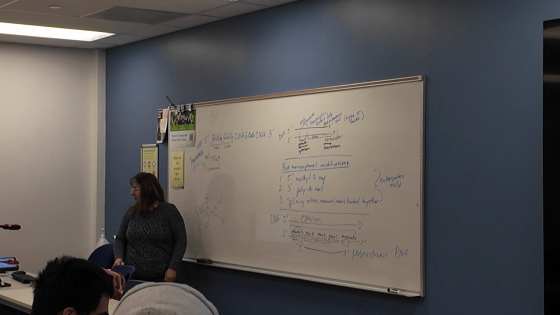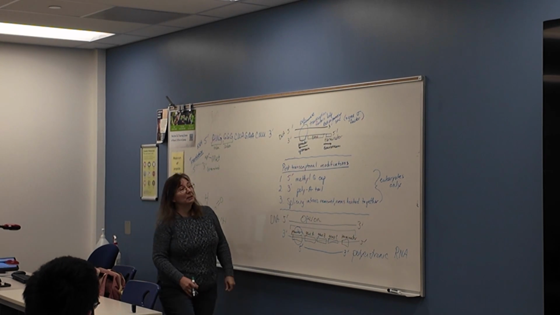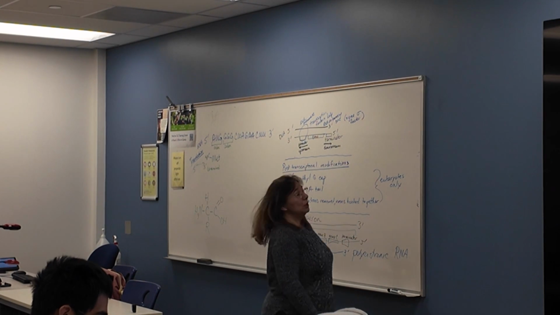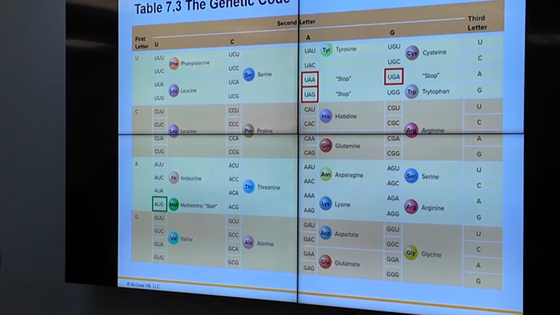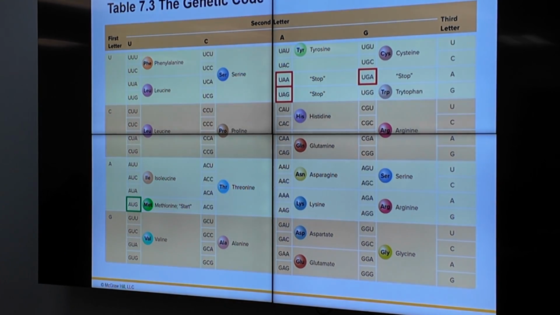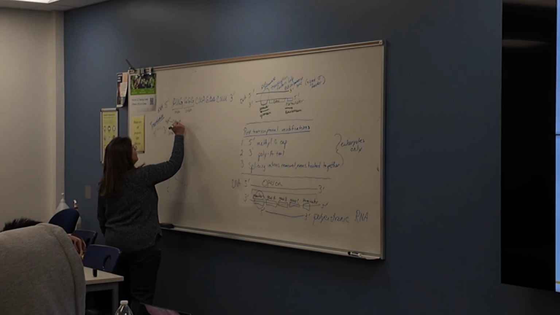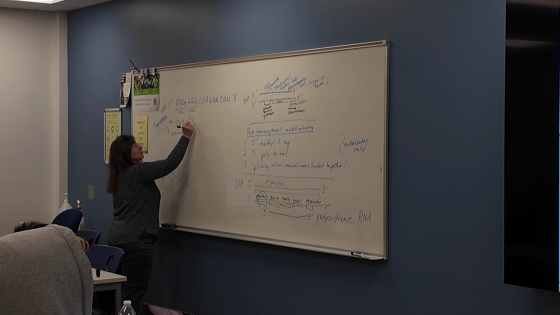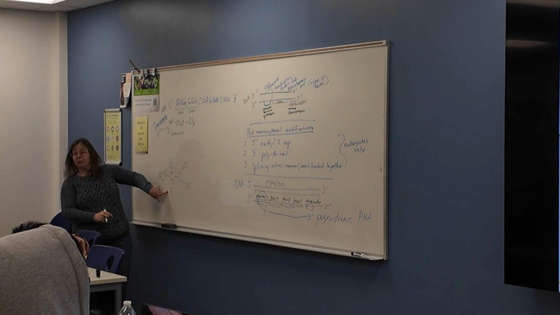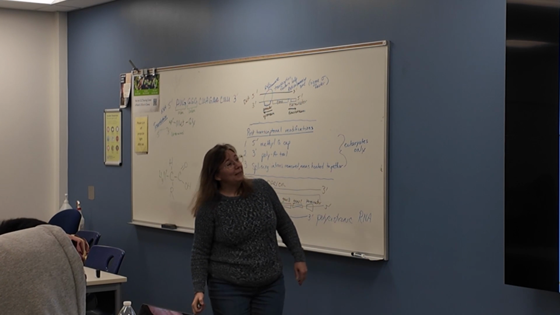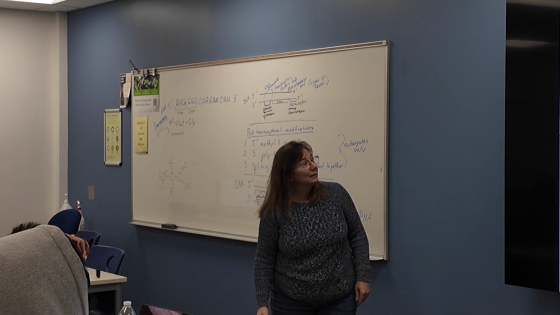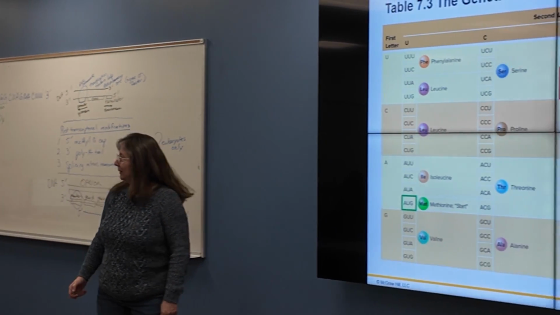All right. Let's do the rest of this translation. GGG. What is GGG? Glycine. Glycine's the fun one. It's got another hydrogen down here. It's the one I know pretty well. CUA. What is CUA? Leucine.